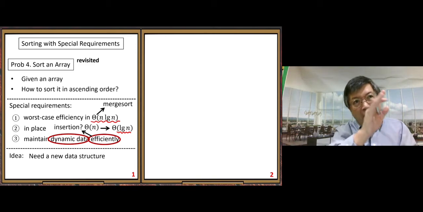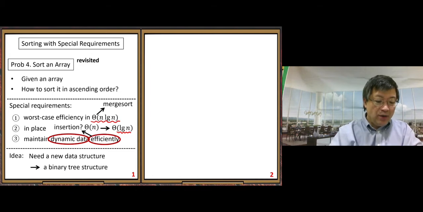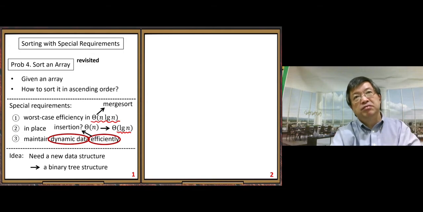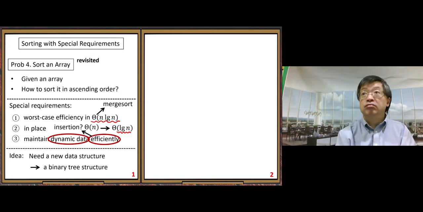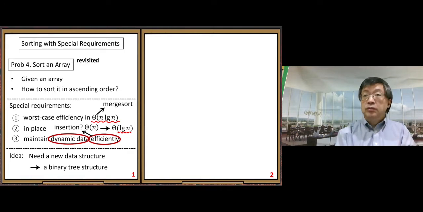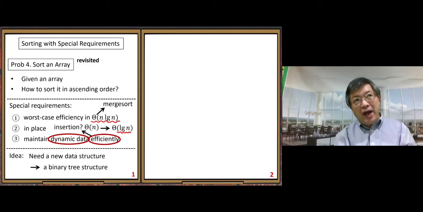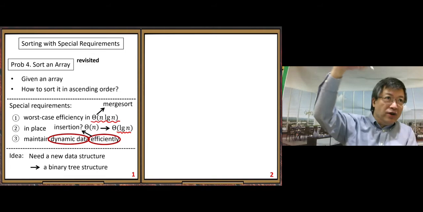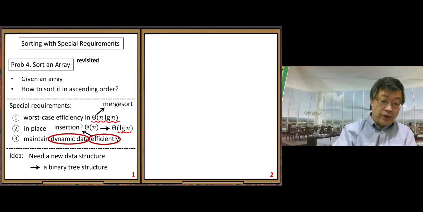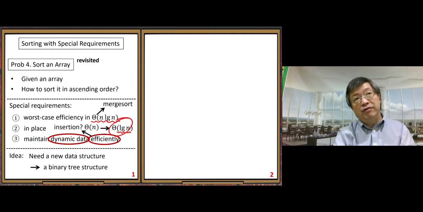Based on that understanding, we should consider a binary tree structure when we design this new data structure. We hope we build a binary tree in some way. If we can do that, then when you insert a new dynamic data item, you can get big theta of log n efficiency.